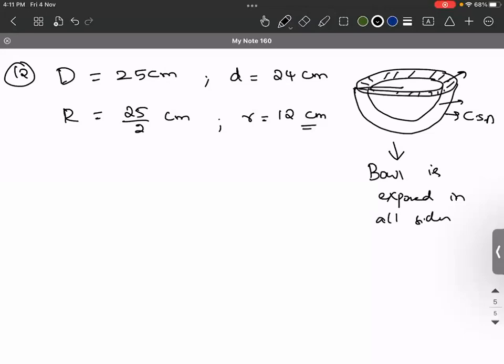Bearing this in mind, we are finding the total surface area.